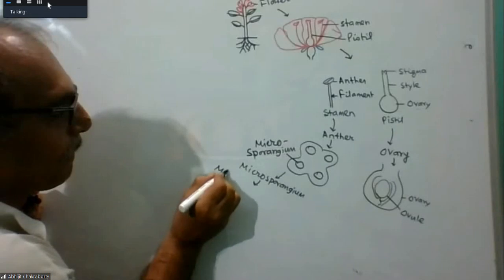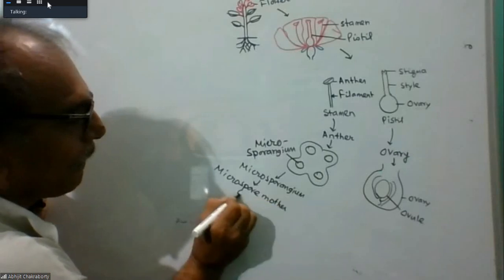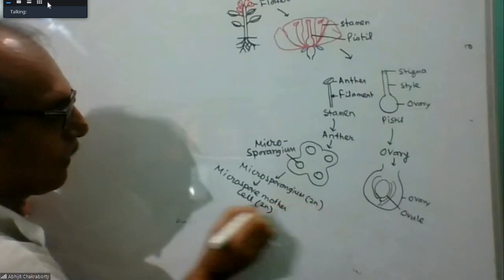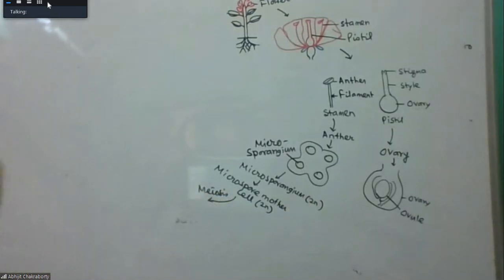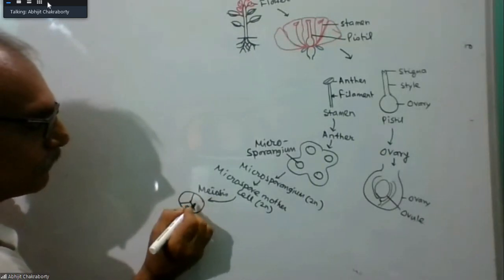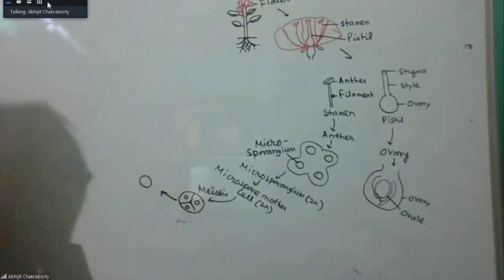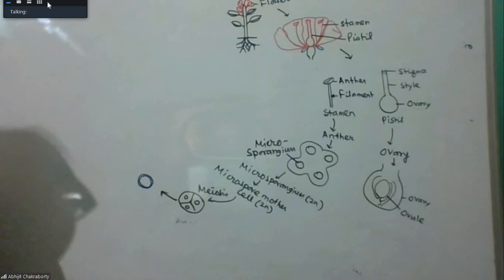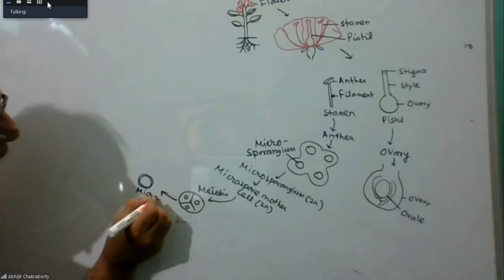The microspore mother cell undergoes meiosis to form initially a spore tetrad, later on spores are liberated having two walls. Microspore.